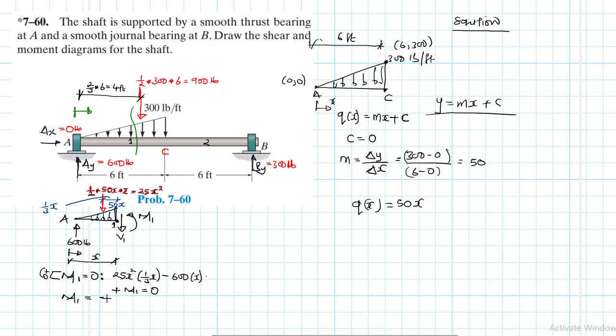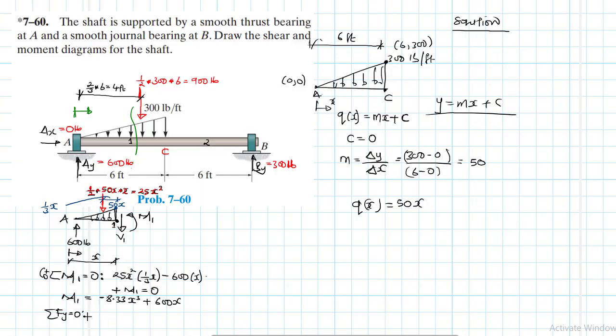Therefore, our m1 is just going to be equal to minus, let's multiply this. So we have 25 divided by 3, minus 8.33x cubed, right, plus 600x. Okay, great. And then summation of forces in the y direction equal to 0.